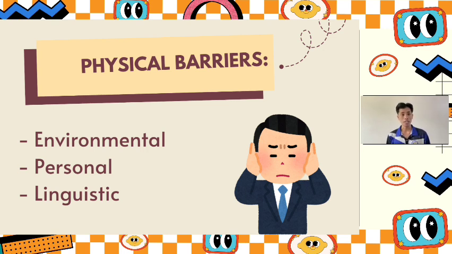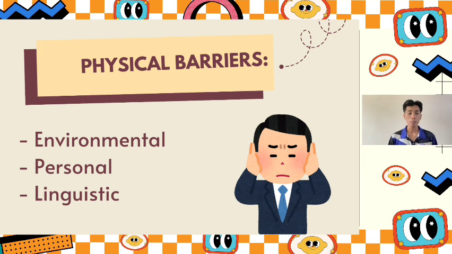So here are some examples of linguistic barriers. First, unclear speech. A speaker with a heavy accent, a speech impediment, or who mumbles can make it difficult for the listeners to understand the message.